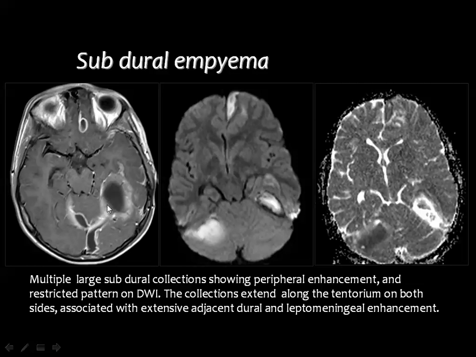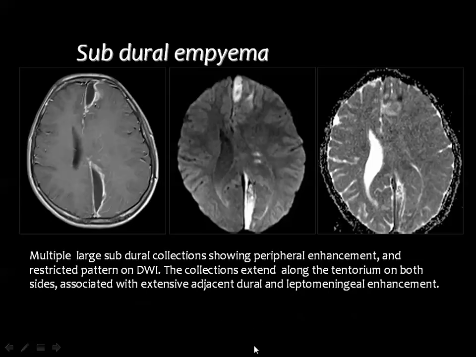You got collection with marginal enhancement, and you see another collection in the frontal falx. And in the diffusion weighted images, you got restriction here, there, and there. And of course, with decreased signal in the ADC map in all lesions, meaning that there is diffusion restriction.